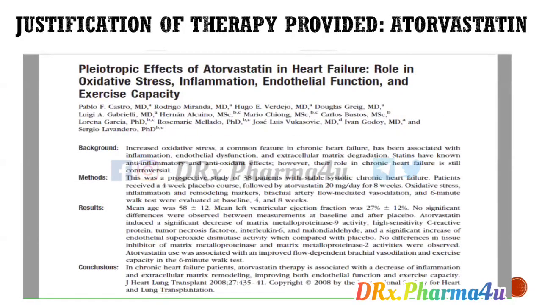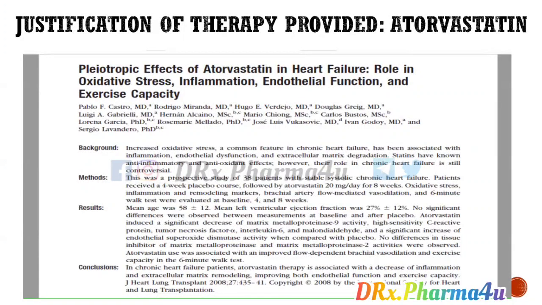Then we have atorvastatin. Atorvastatin actually has pleiotropic effects. In this patient, atorvastatin has been given because the patient already had dyslipidemia and coronary artery disease related problems, and that can lead to heart failure. And atorvastatin actually has an anti-inflammatory effect as well. So that improves the function of the vascular endothelium.